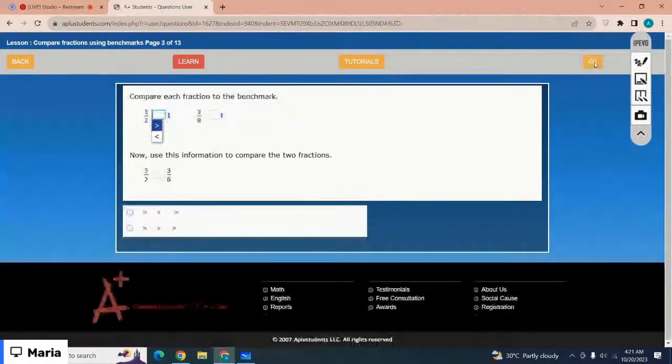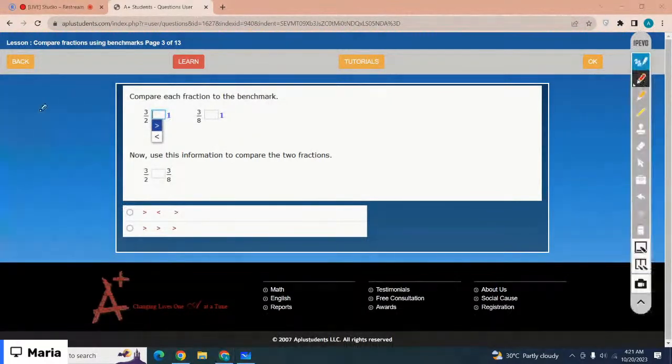Okay, the next one is compare each fraction to benchmark. Okay, 3 over 2, you have to compare it to 1. Okay, 3 over 2. 1, 2, 3, they both represent 3 over 2, right? 1 is just this one.